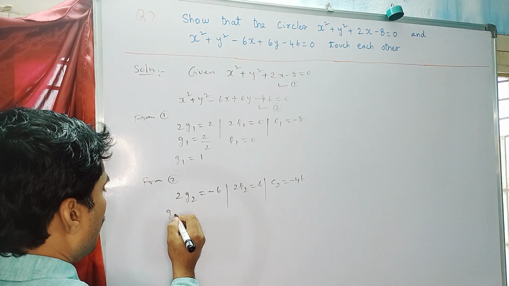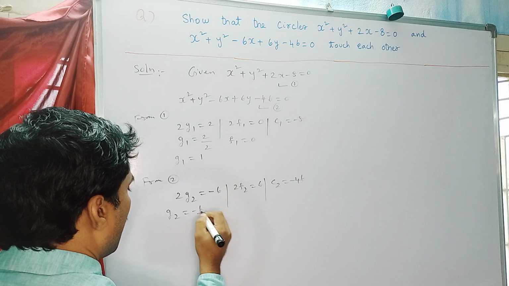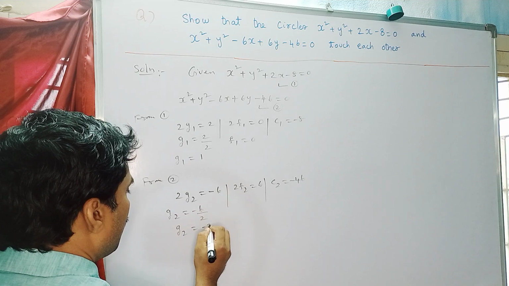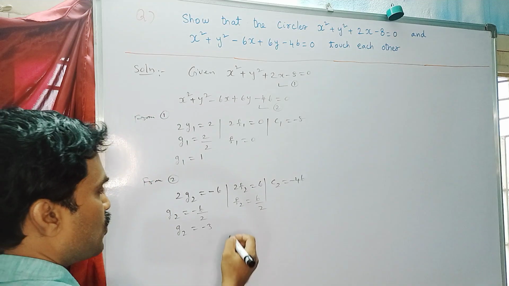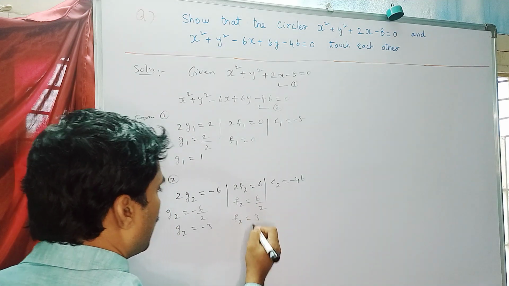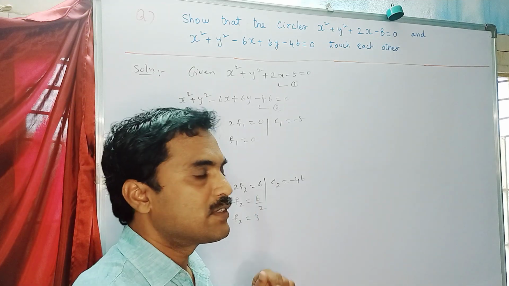So from this g2 = -6/2. Upon cancellation you will get g2 = -3 and here f2 = 6/2. Again upon cancellation using the 2 table you will get f2 = 3. So you got the values of g2, f2 and c2.